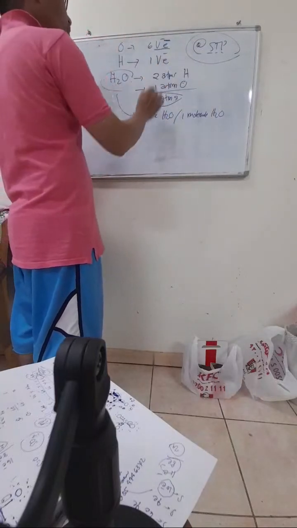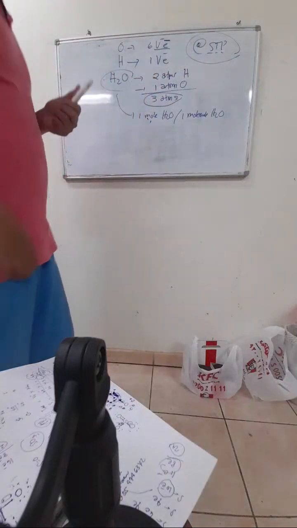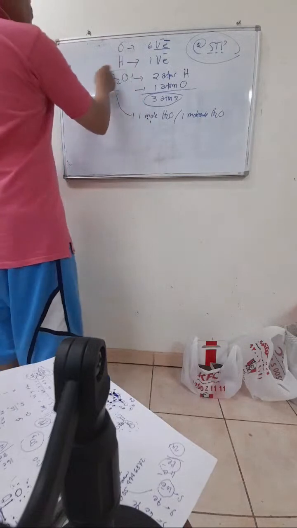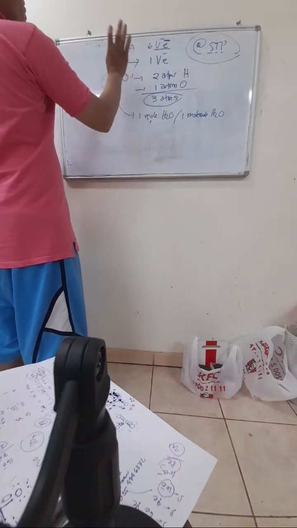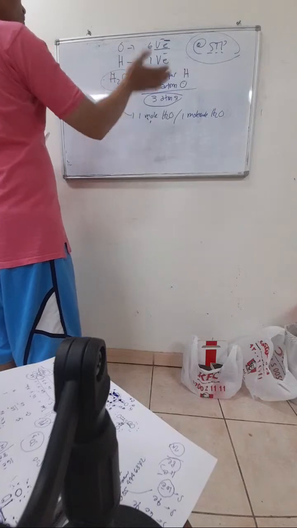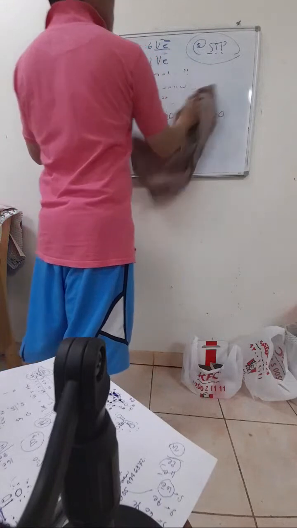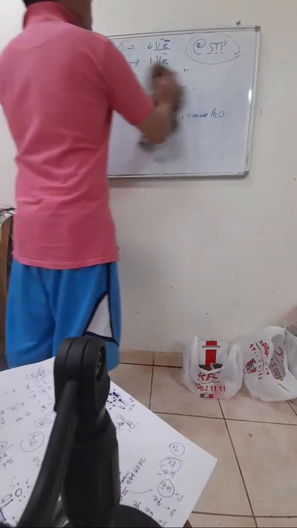Mole and atom are not the same. Things like that. You get the point? So, if you try to break this one, 1 mole of oxygen, like that, and 1 mole of hydrogen, things like that. You need to explain in that way. You got the point? Okay. Now, we go now to the Lewis diagram.